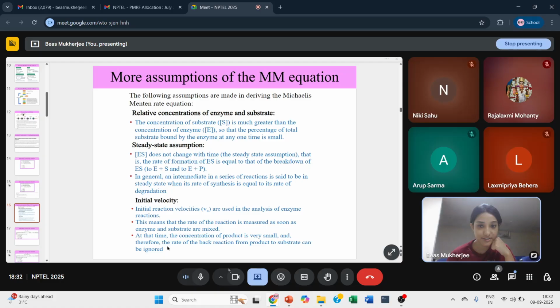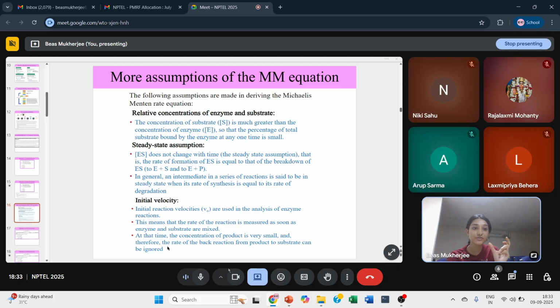Now, initial velocity is used in enzyme reactions. This means the rate of reaction is measured as soon as the enzyme and substrate are mixed. At that time, the concentration of the product is very small. So we assumed that the concentration of the product is negligible, and that the concentration of the substrate does not change over time.